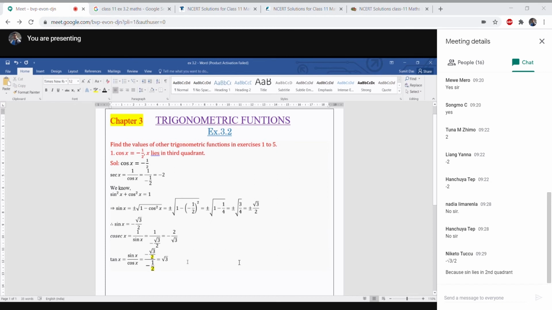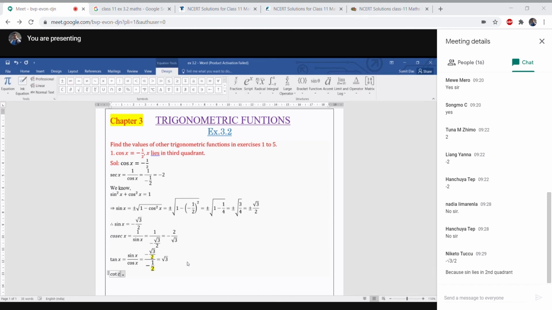Now if we got tan x, so what will be the cot x? Cot x will be equal to 1 by tan x, which is equal to 1 by square root of 3.